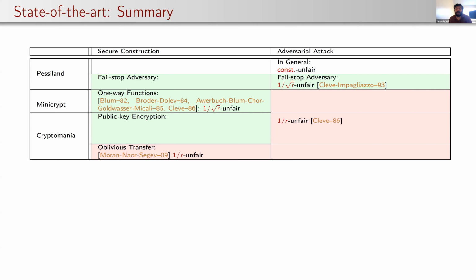So if oblivious transfer exists, then Cleve Impagliazzo's attack does not work. I see. Okay. So it's kind of a black box separation. No. It's an information theoretic commitment hybrid result. I see. Okay. So oblivious transfer is significantly more powerful than commitment hybrid.